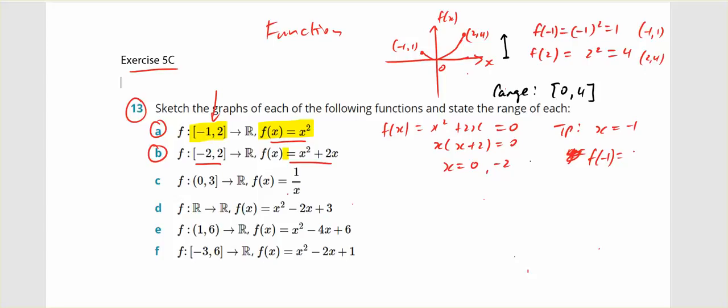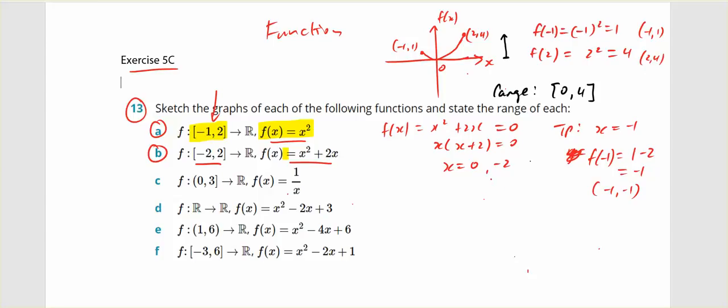So -1 squared is 1, 2 times -1 is -2, so we get -1. So the turning point is at (-1, -1). The y-intercept is when x equals 0, f of x equals 0, so the y-intercept's at (0, 0), which makes sense.